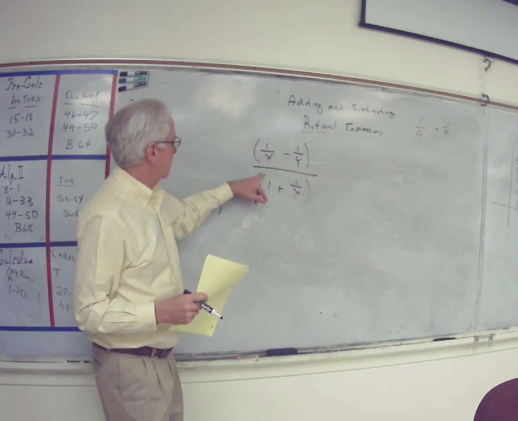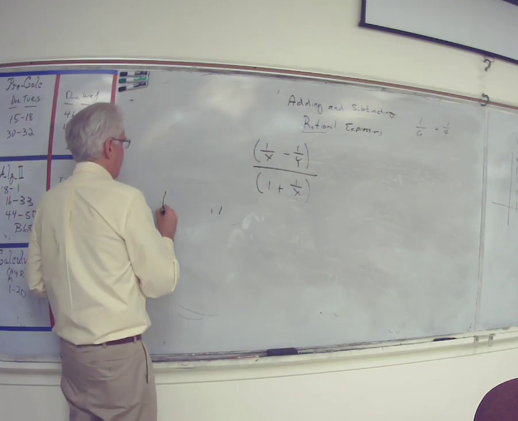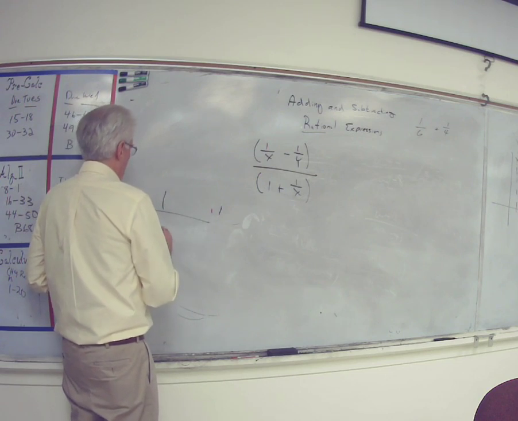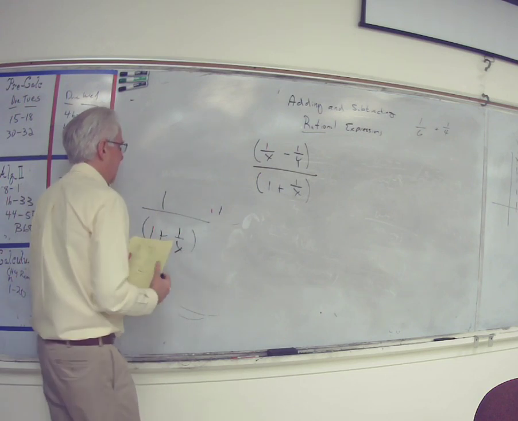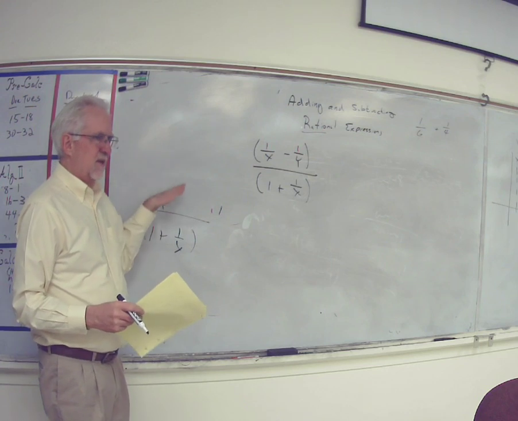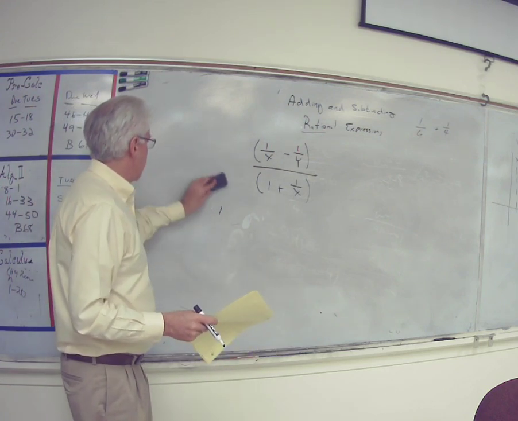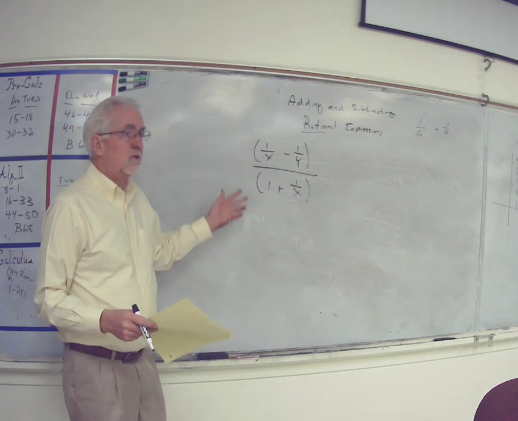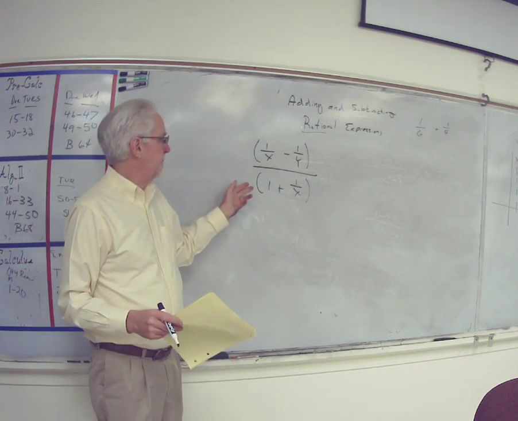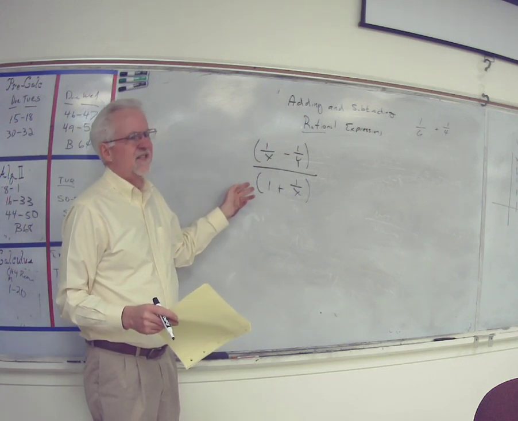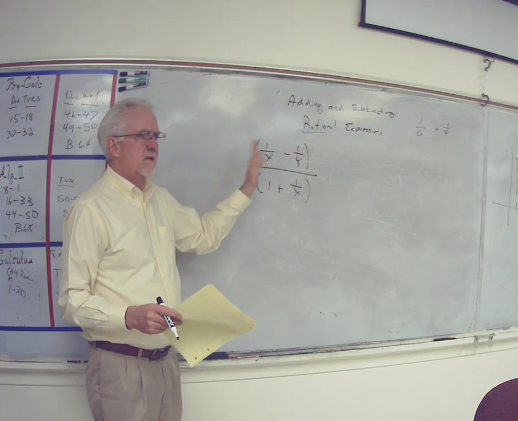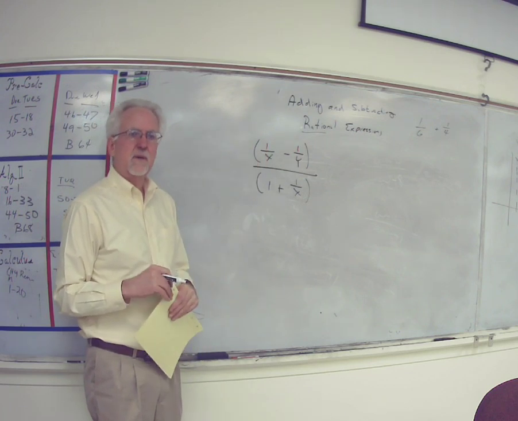Now, you can't, because what is the reciprocal of this? It's 1 over 1 plus 1 over x, and you just end up with the same thing that you have. The old trick they taught us in 8th grade about multiplying by the reciprocal is not going to work here.